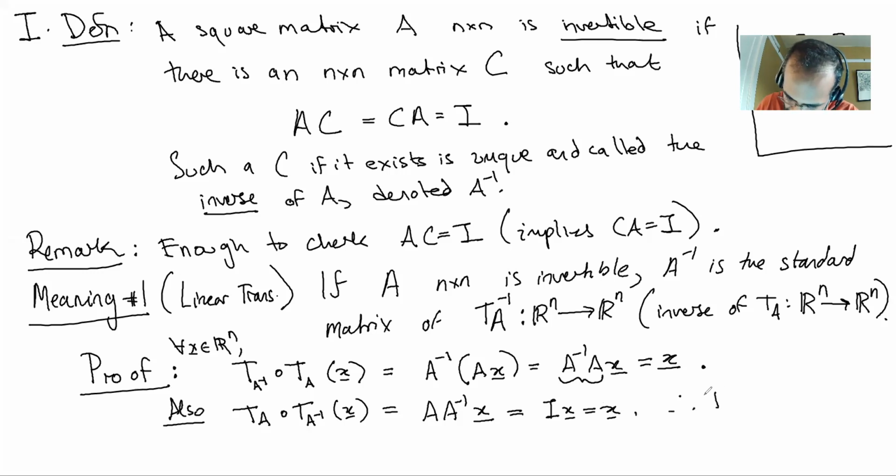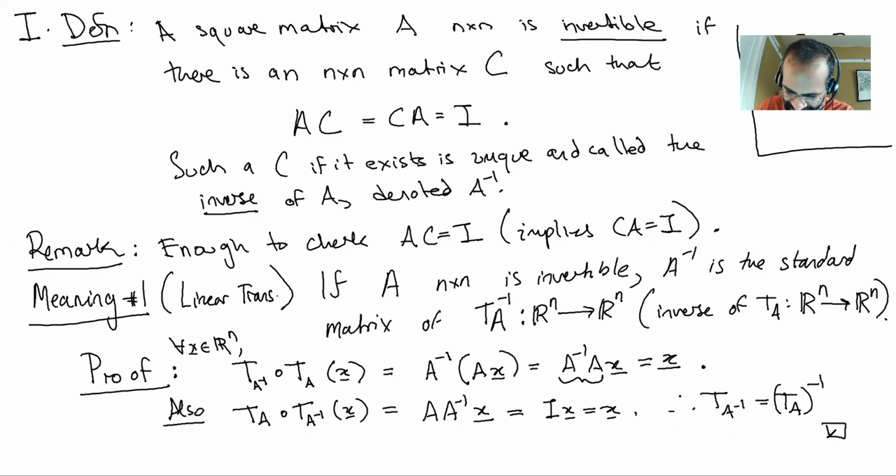So the conclusion is that multiplication by A inverse is the inverse transformation of multiplication by A. But then that means that A inverse is the standard matrix of the inverse of TA as a linear transformation. So the proof is very straightforward.